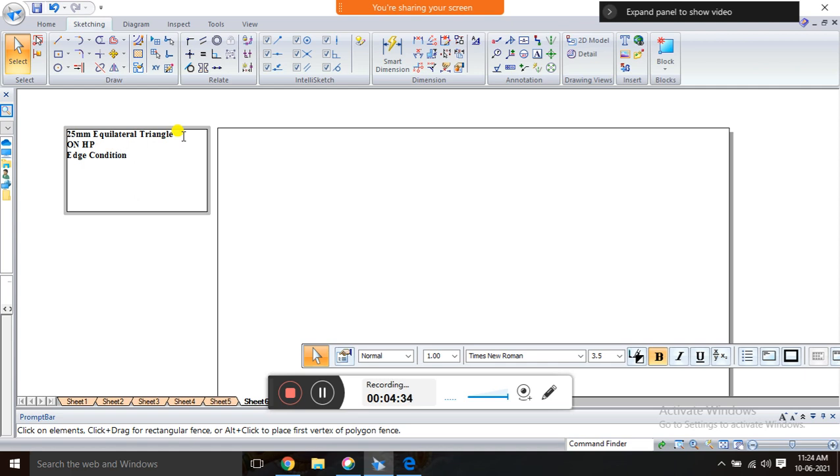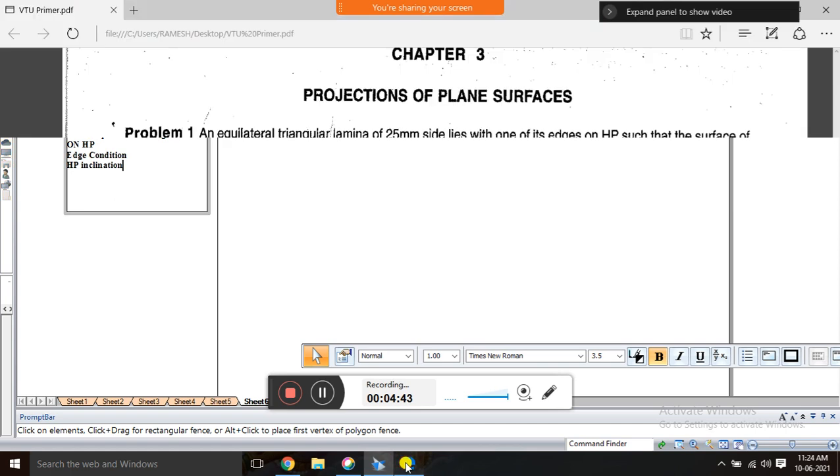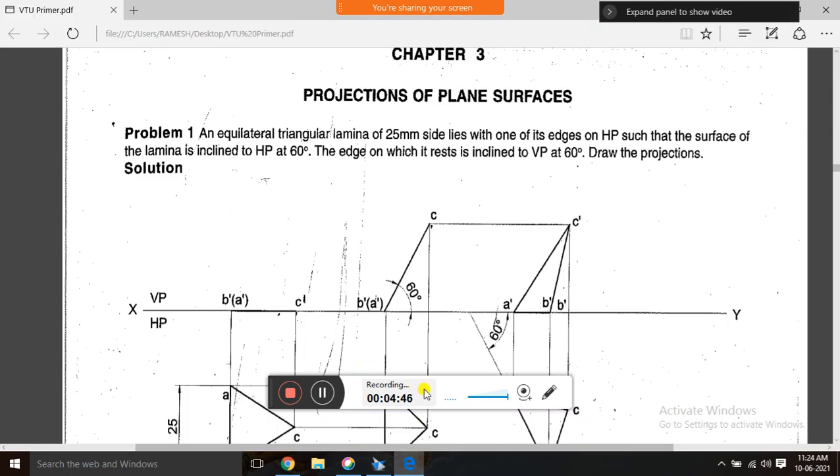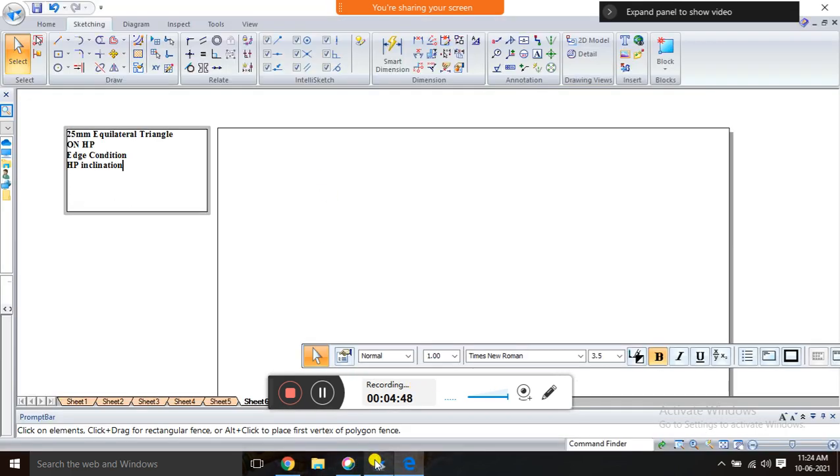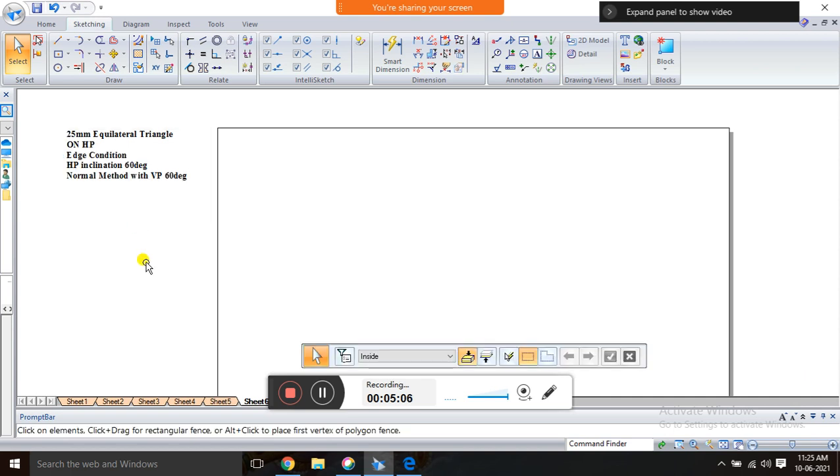And fourth, HP inclination. How much? HP inclination of 60 degrees. And third position, normal method with VP 60 degrees. Yes, this is what the problem is.